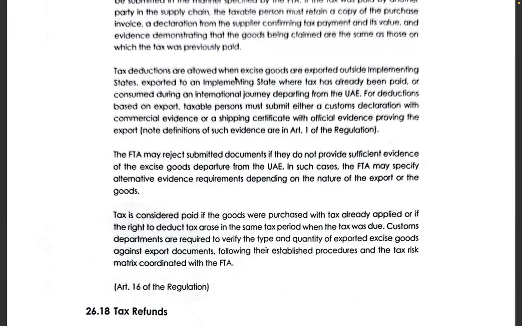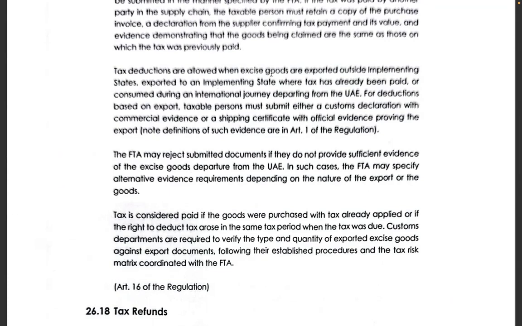For deductions based on export, the taxable person must submit either a customs declaration with commercial evidence or a shipping certificate with official evidence proving the export. So let us read this paragraph again.